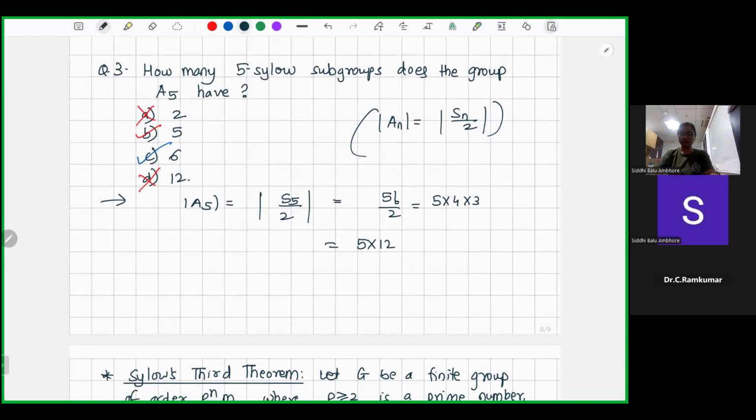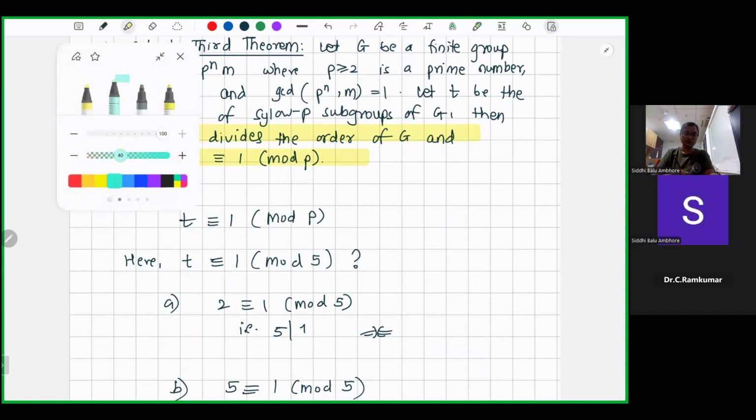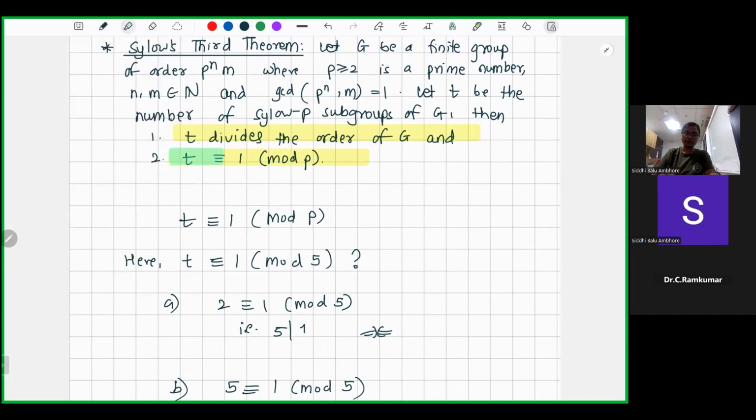We just checked this second condition for the given options.